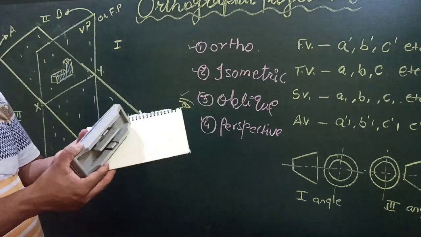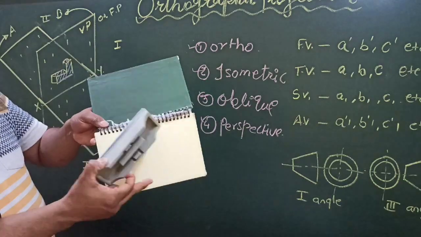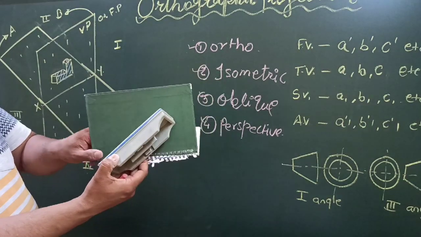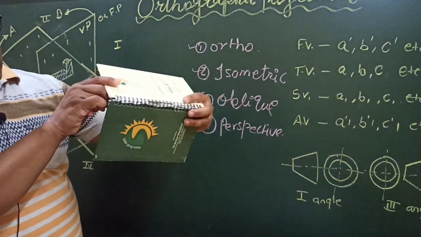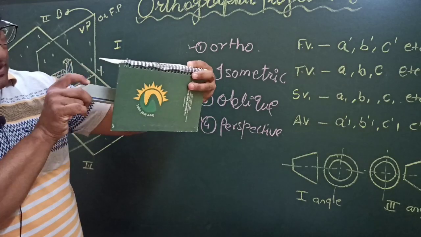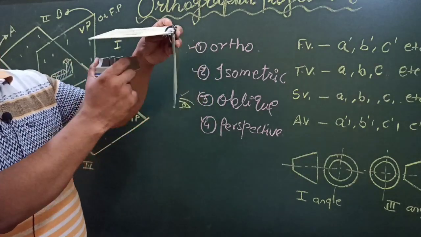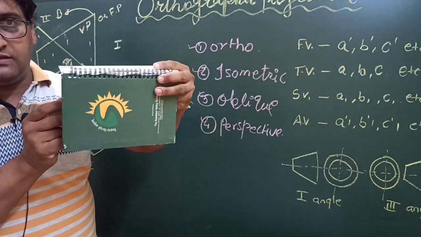Third quadrant is like this, in this manner, right? So this is HP, this is VP. So the object is lying here below HP, behind VP, like this.